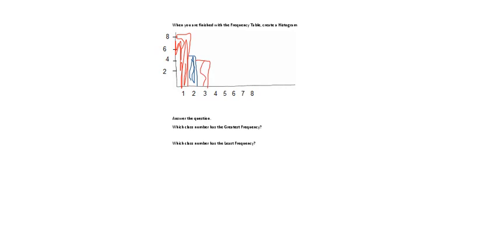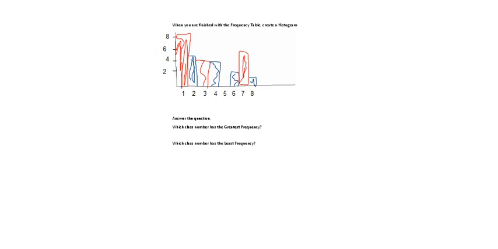Class 4 also went to 4, so keep the same height. Now class 5 was 0, so I'm going to leave that blank. Class 6 went up to 2, a little higher. Class 7 went up all the way up to 6, so that's a little spike there. And then class 8 only went up to 1.